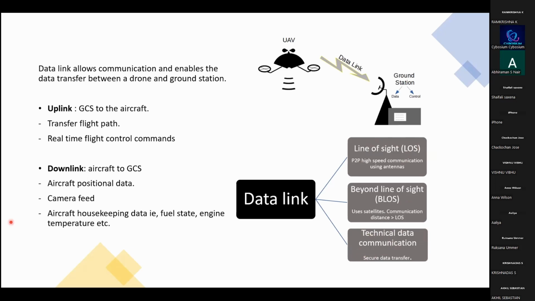That is why designing data links for UAVs is much more challenging than designing other wireless links. This is one of the biggest challenges, to design a proper link. There should be proper communication with all the systems. So that is also an open area where most of the research is taking place.